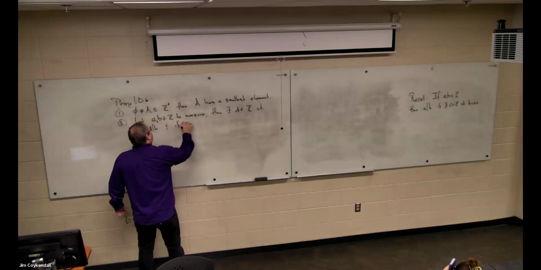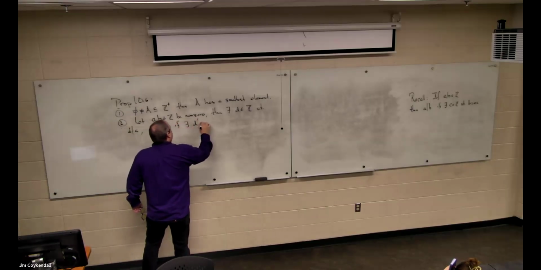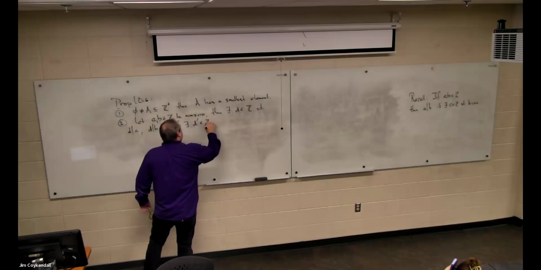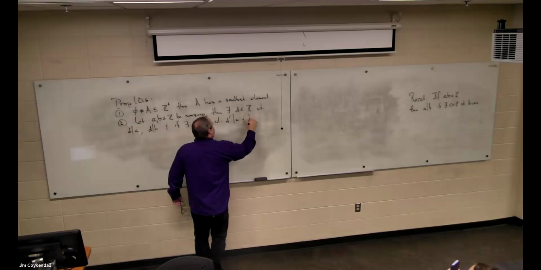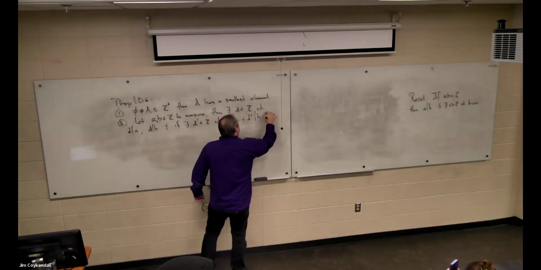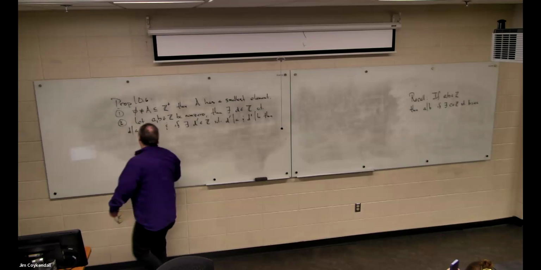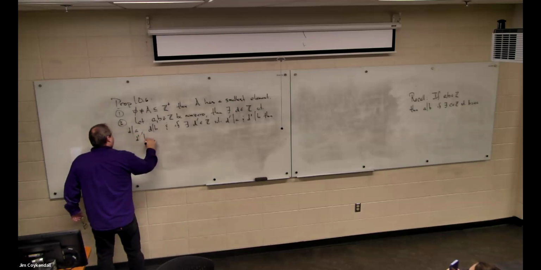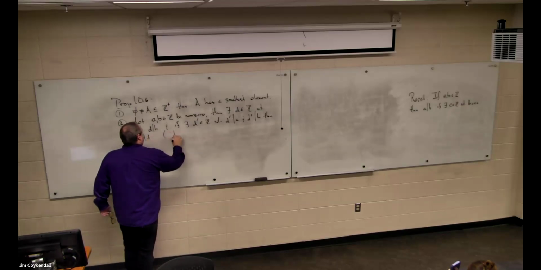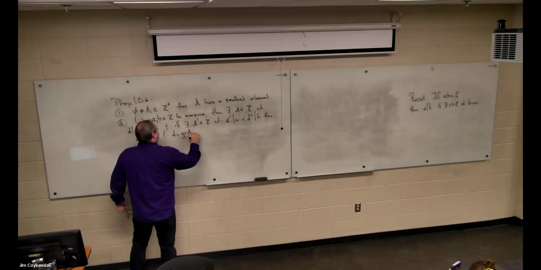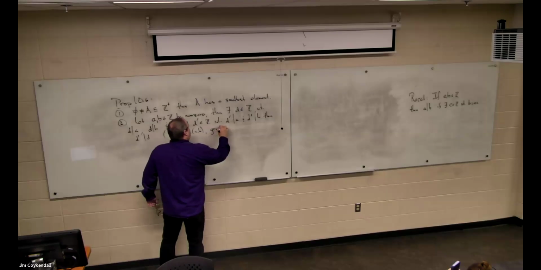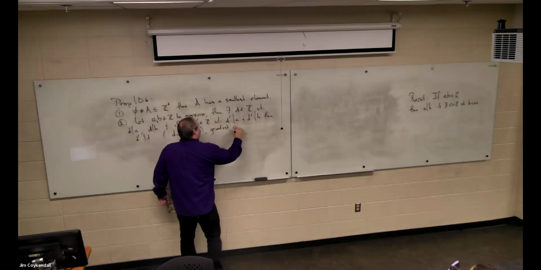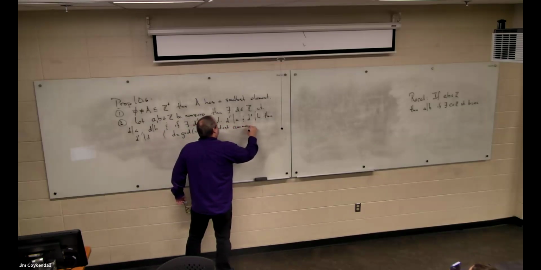And if there exists D prime in Z such that D prime divides A and D prime divides B, then D prime divides D. And this mysterious D is called the greatest common divisor.